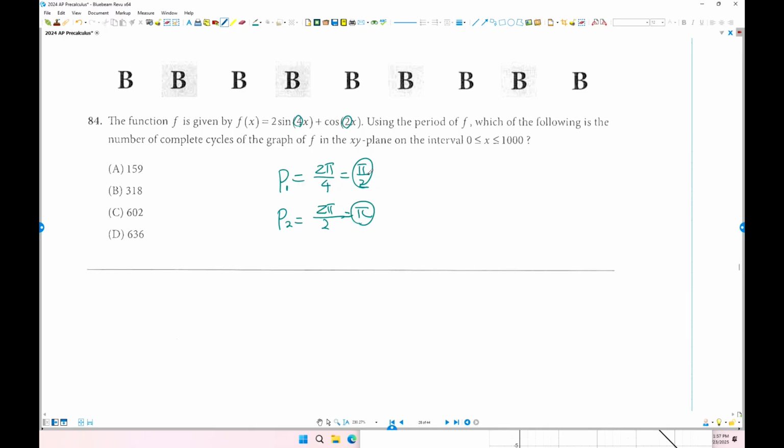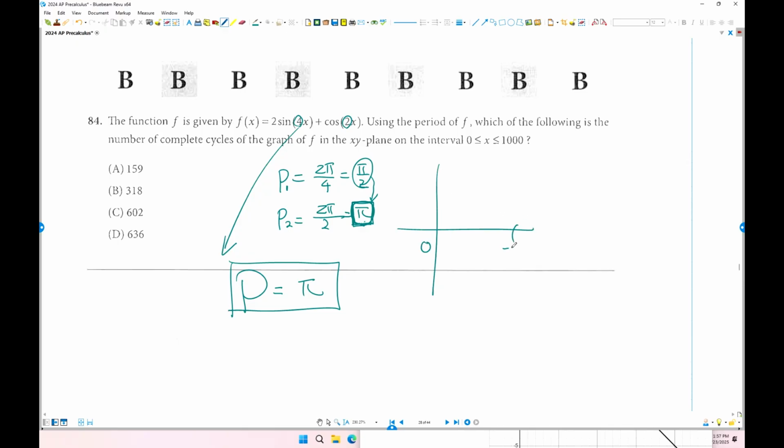This pi is the mandatory period. So the period of this one must be pi. That means in pi, we have one cycle of this one.